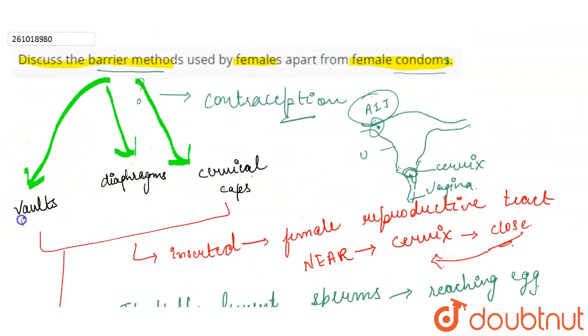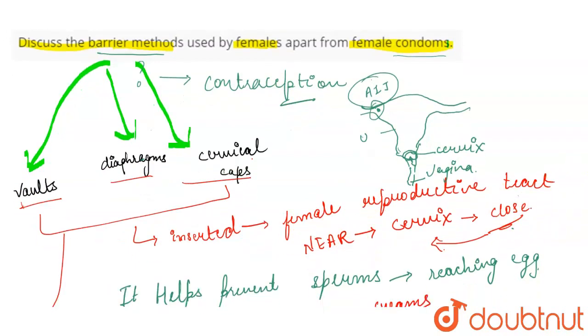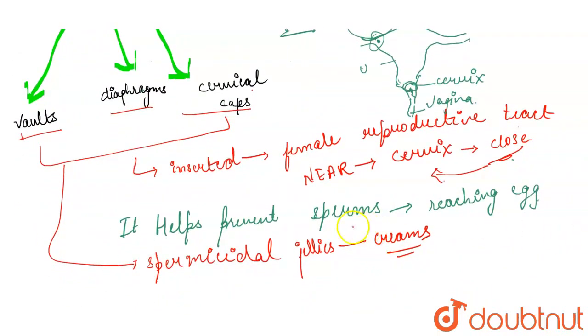The barrier methods apart from female condoms are vaults, diaphragms, and cervical caps. They are inserted into the female reproductive tract in a manner to close the cervical part, to avoid the entry of sperms and prevent them from reaching the egg, and help in preventing fertilization.